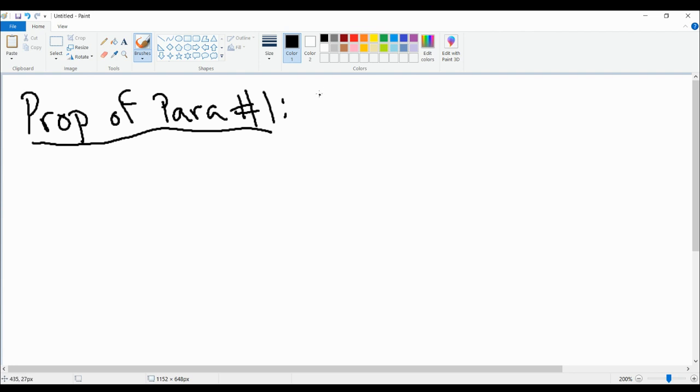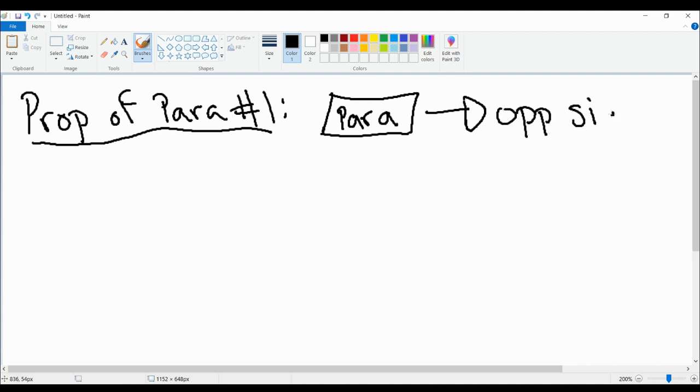So let me write that down. If an object is a parallelogram, I'm just going to draw a parallelogram like this, and I'll write para inside of it. If a quadrilateral is a parallelogram, then opposite sides are congruent. This is the symbol for congruency.